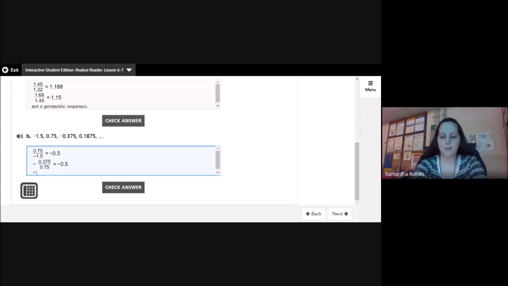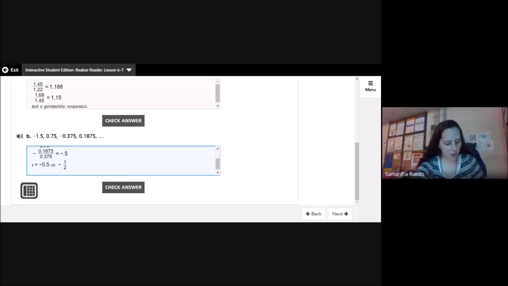I'm going to double check the last one, 0.1875 divided by negative 0.375. Also gives me negative 0.5. So that means my r is negative 0.5, or negative 1/2, however you want to write it.